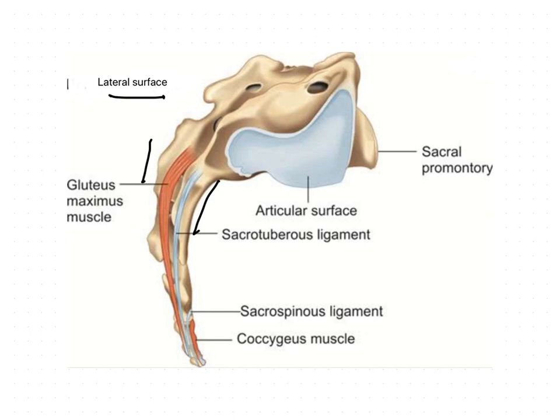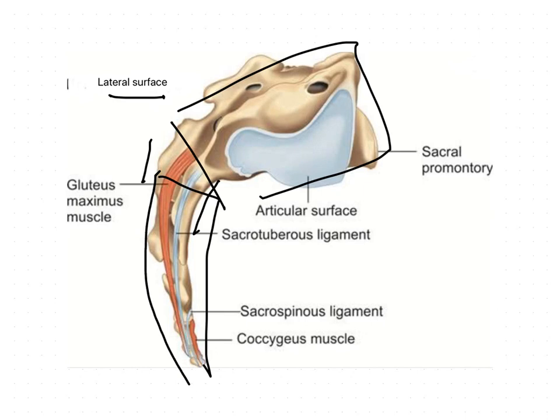And this lateral surface is broader above and narrow below. Okay. And it has an articular surface. This articular surface is an ear-shaped surface at the upper part which articulates with the ilium of the hip bone.